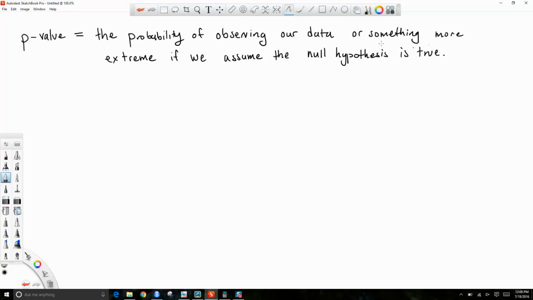Okay, it'll be very important for you to understand this concept of what a p-value is. Okay?